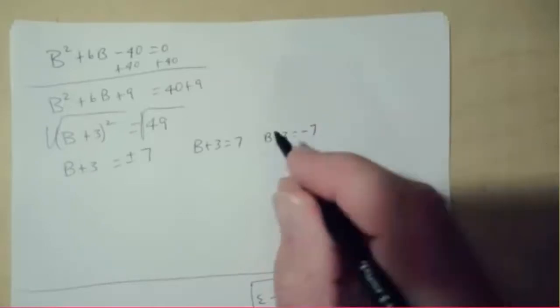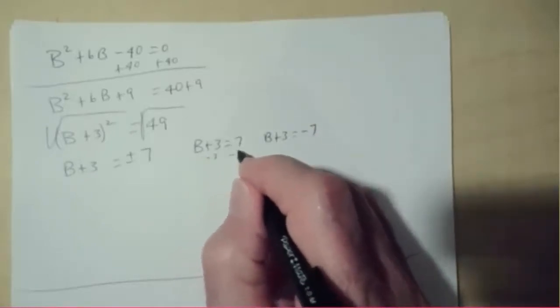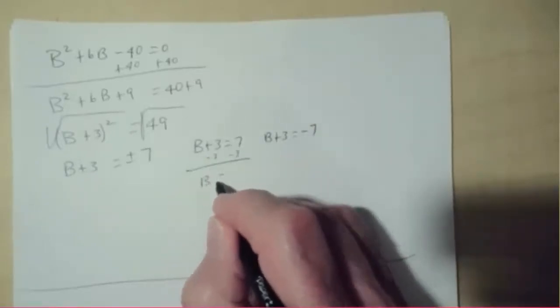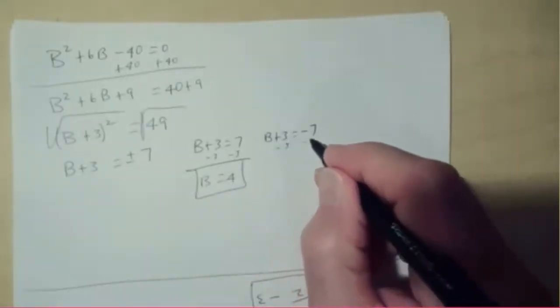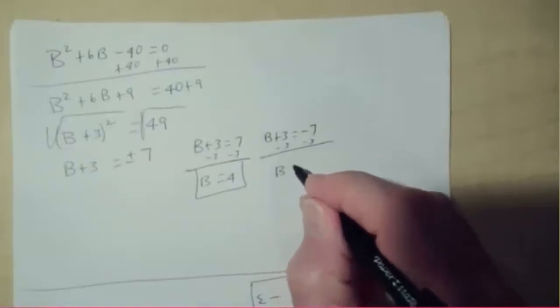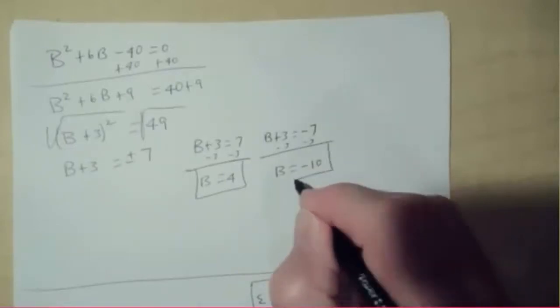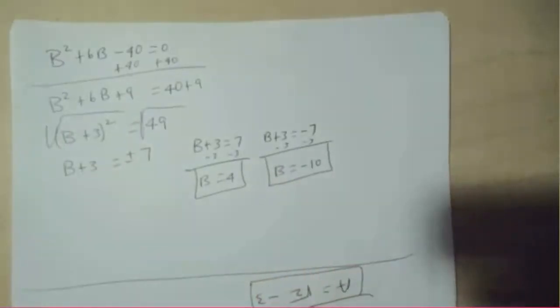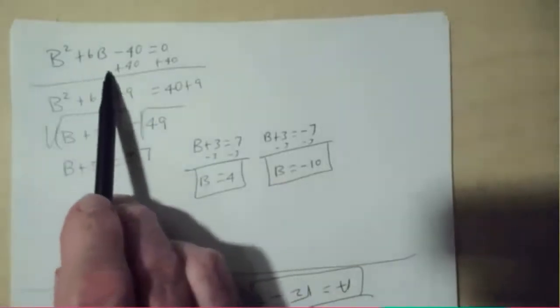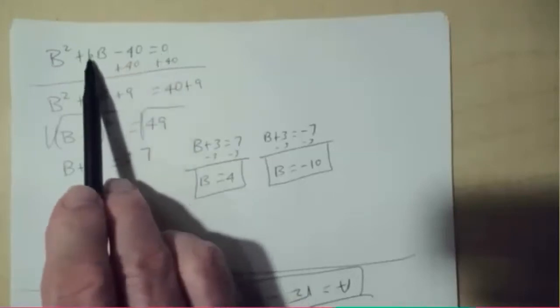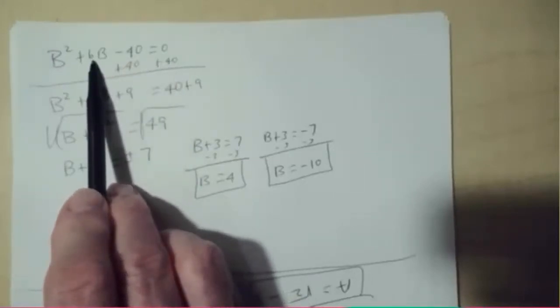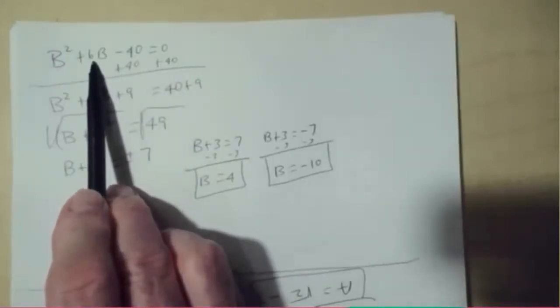So we have two possibilities here. b plus 3 equals 7 and b plus 3 equals negative 7. Subtract 3 from each side. b is 4. And this one, subtract 3, and b is negative 10.